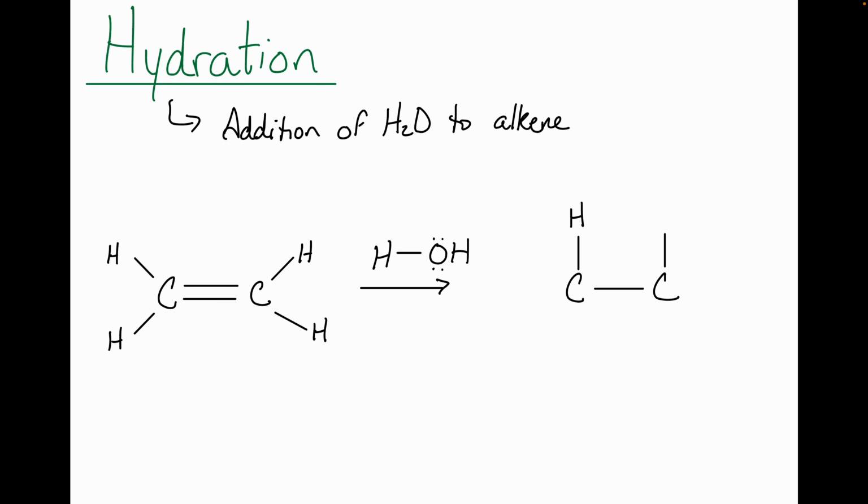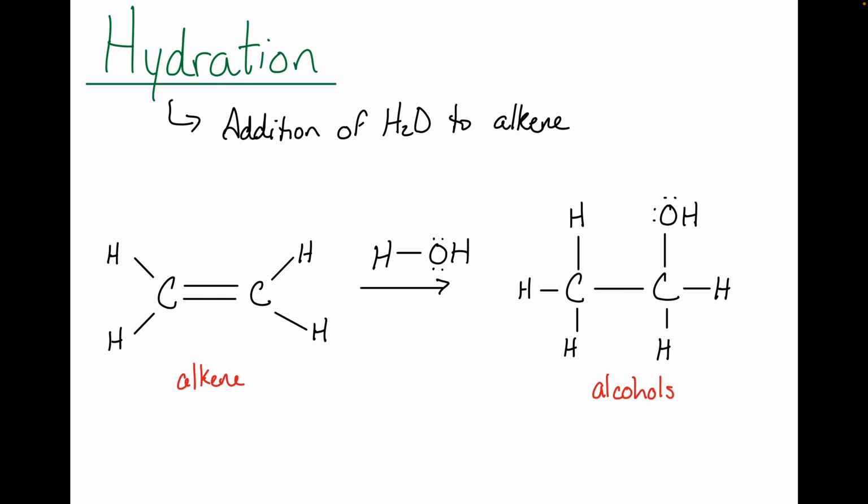So what was the functional group that we just made here in this hydration reaction? An alcohol. All right, so these are how we can convert our alkenes into alcohols using these hydration reactions.